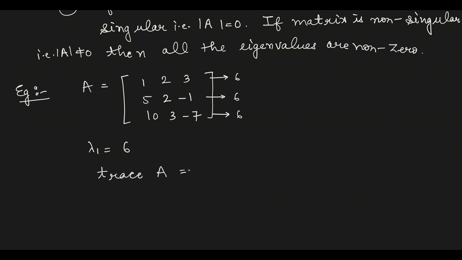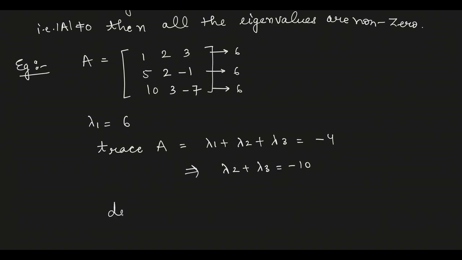Trace will be lambda 1 plus lambda 2 plus lambda 3 equal to sum of diagonal entries, 1 plus 2 minus 7, minus 4. Lambda 2 plus lambda 3 is equal to minus 4 minus 6, minus 10, and determinant of A. Now what will be the determinant of A here?